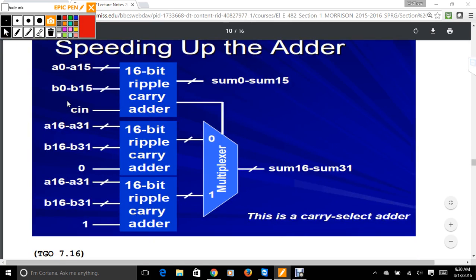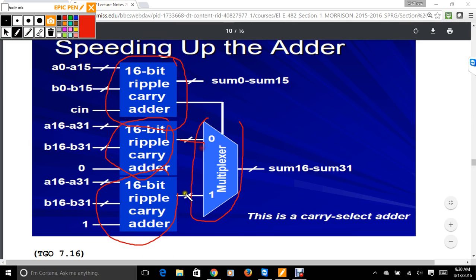Then I also talked about this ripple carry adder. You can design a cell of a 16-bit ripple carry adder, and then you've got a 32 to 16-bit multiplexer where you use the last carry out as the select line on a MUX. That requires more area, but it's faster.